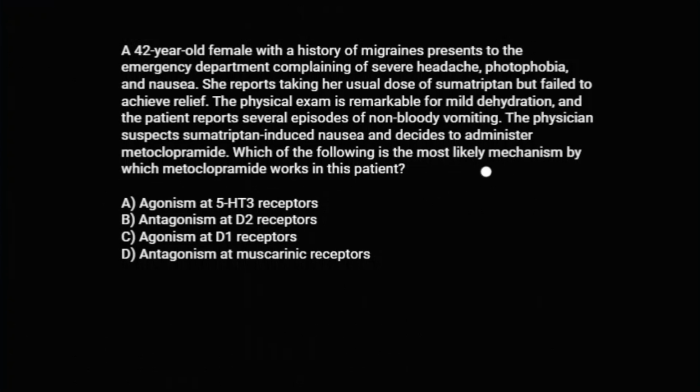So essentially, if you just strip this question down to its bare bones, it's asking the mechanism of metoclopramide. That is the question. And as we just discussed, metoclopramide acts on the D2 receptors in the area postrema. So the correct answer is B.